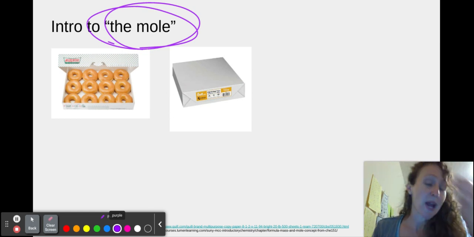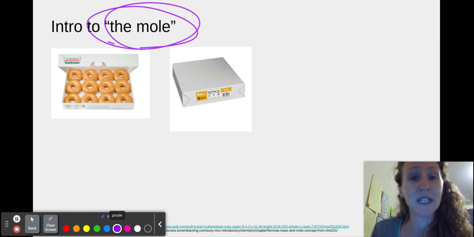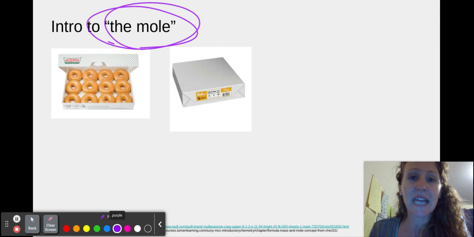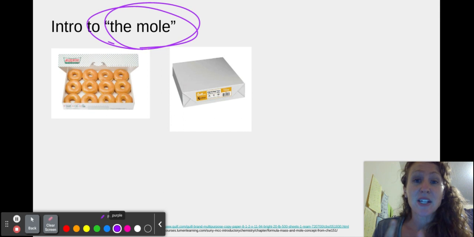It's too slow, right? If you have to pack a whole plane full of donuts, you're probably going to count in terms of boxes of donuts, right? Or maybe cases of donuts. Or maybe forklift loads of donuts. You're not going to count donuts one by one by one. It's too slow. And the numbers get too bulky.